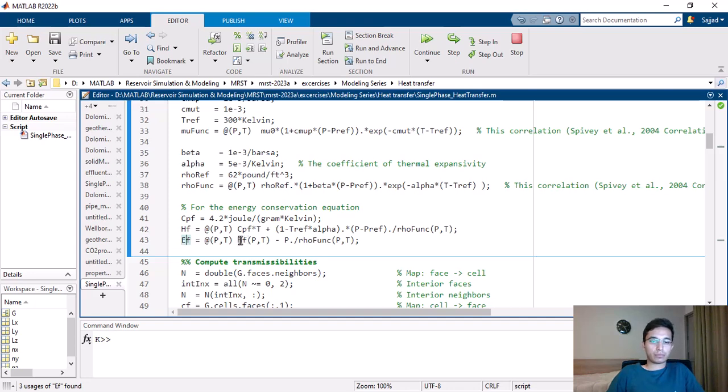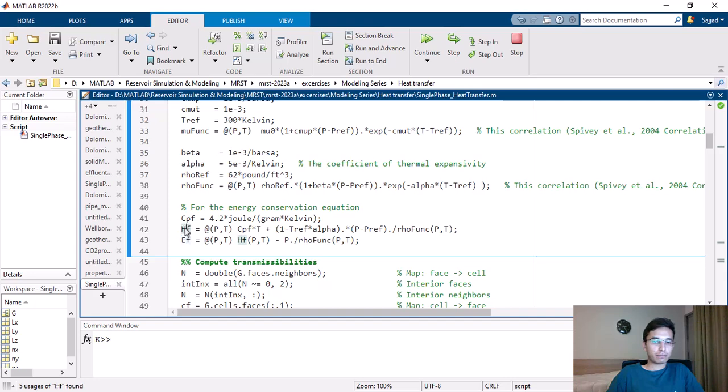For internal energy, we need to do this: the water enthalpy minus pressure over density. And this gives us the water specific internal energy.